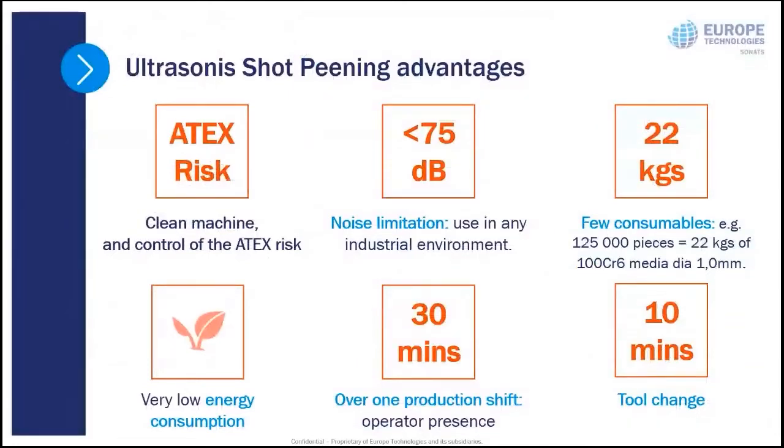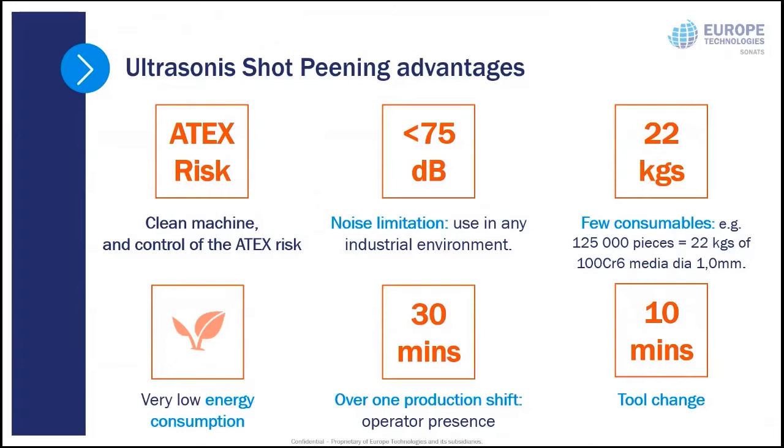So the USP process has numerous advantages in production. First, it's a clean shot peening process which generates a small quantity of dust. According to an initial risk analysis, our engineers validate or modify the design of the machine, aiming to control and avoid any risks.